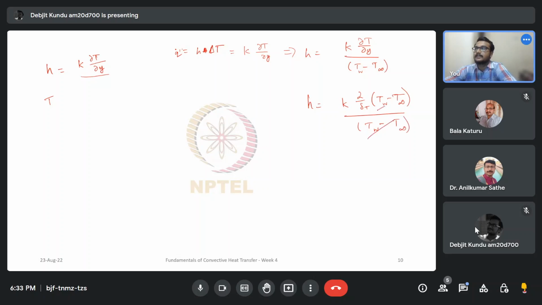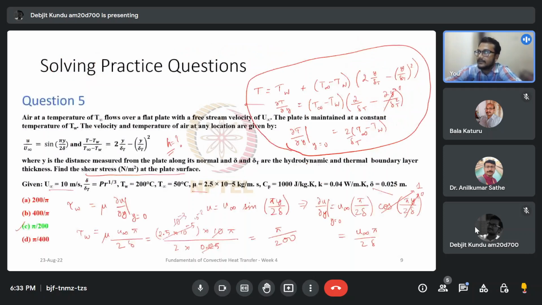These two get cancelled, and h simply becomes 2k/δT. Going back, we know that δ/δT is equal to Prandtl number to the power one third. The value of Prandtl number is not explicitly given, but the material properties are all given, and δ is also given. So we can figure out δT from there, and after that we can figure out h.